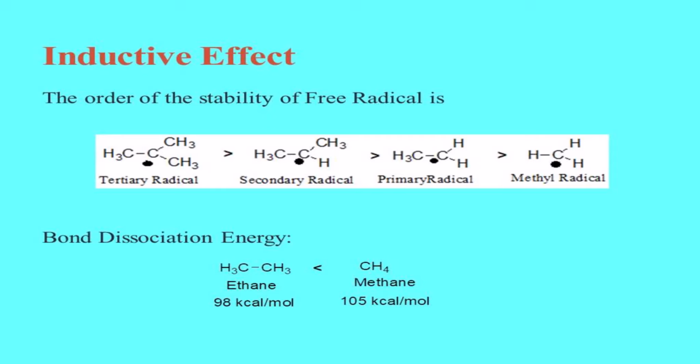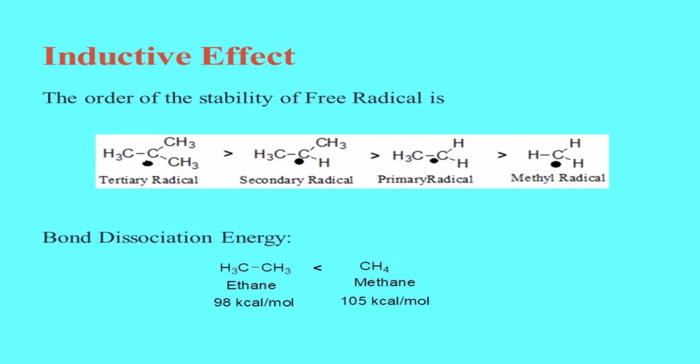deficiency of the radical. The bond dissociation energy of C-H bonds in methane, ethane and other alkanes provides evidence for this phenomenon, demonstrating that replacing 1, 2 or 3 hydrogen atoms in the methyl radical with alkyl groups enhances the stability of the radical.